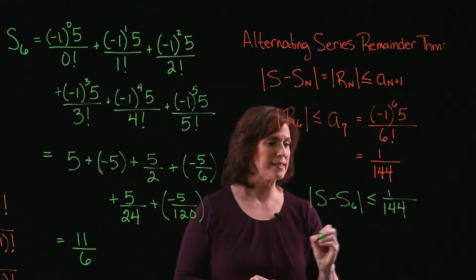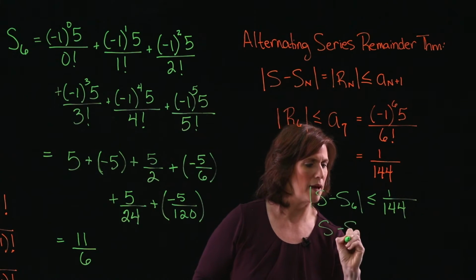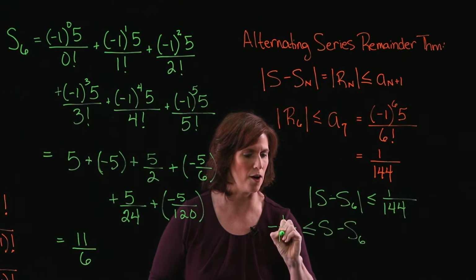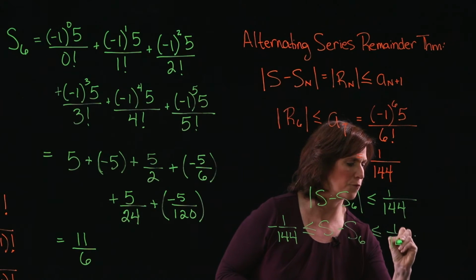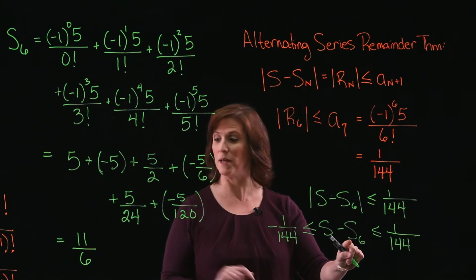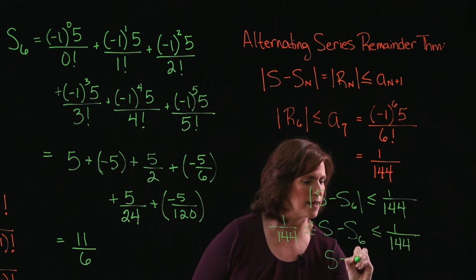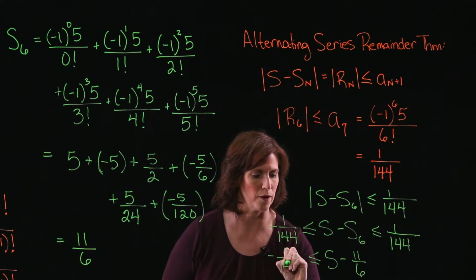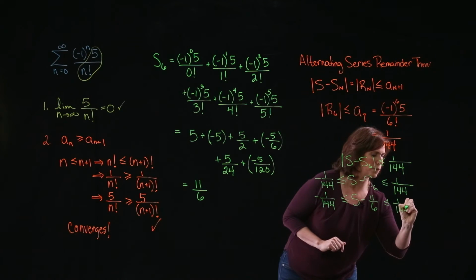So what does that tell me? Well, that tells me that my sum minus my approximation is somewhere between minus 1 over 144 and positive 1 over 144. And I know what that approximation is. It's 11/6. So S minus 11/6 is somewhere between minus 1 over 144 and positive 1 over 144.